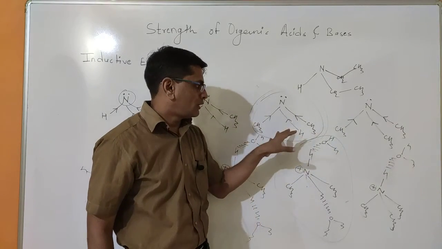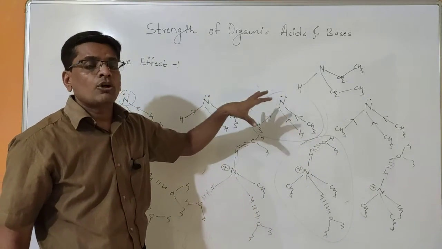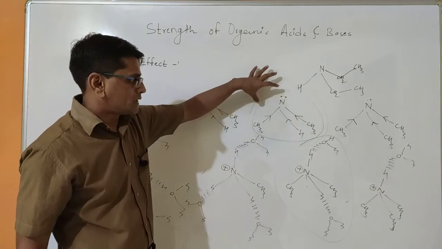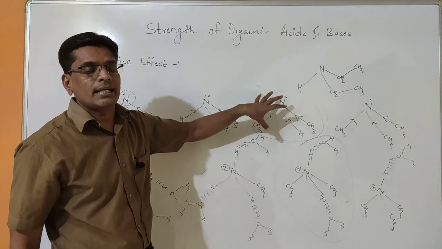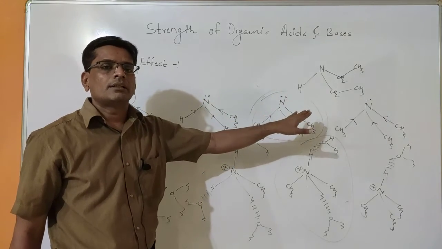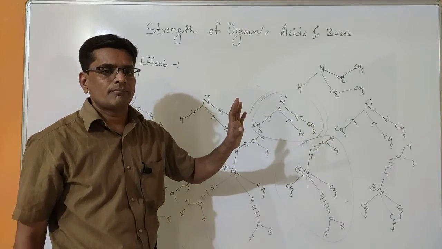Due to that, always in a polar solvent, dimethylamine or a secondary amine is a stronger base than trimethyl or tertiary amine.